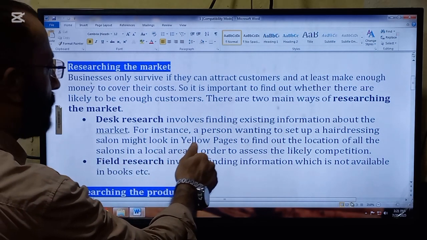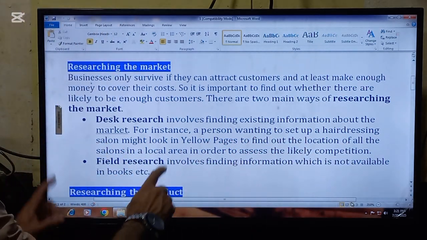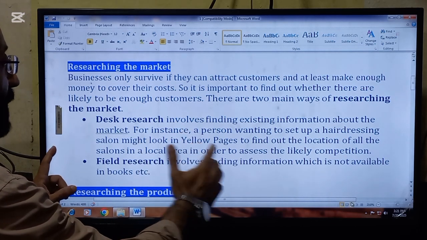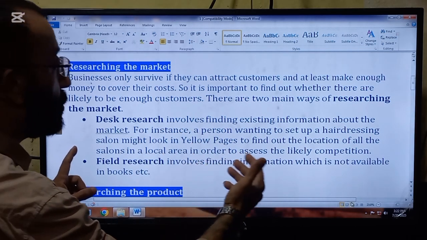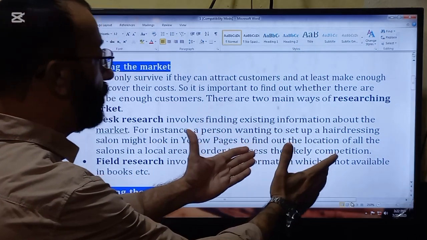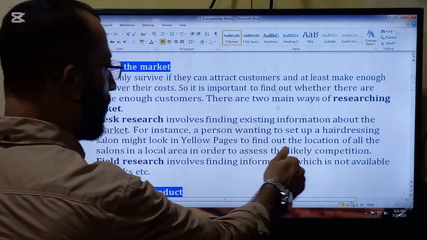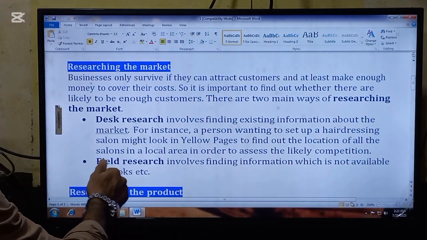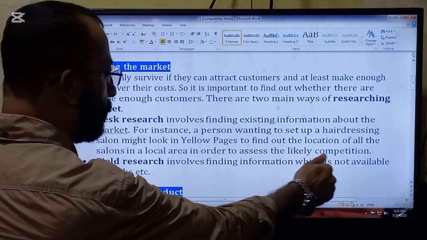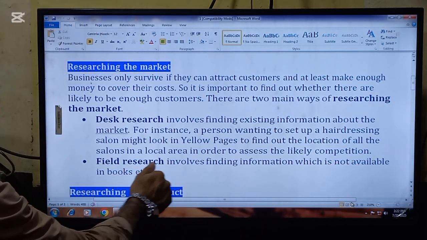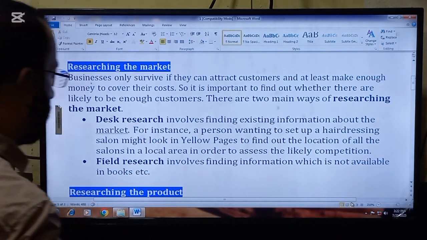Desk research involves finding existing information about the market. This kind of information already exists; what is required is that you find ways to access that information. For instance, a person wanting to set up a hairdressing salon might look in the yellow pages to find out the location of all the salons in the local area in order to assess the likely competition.